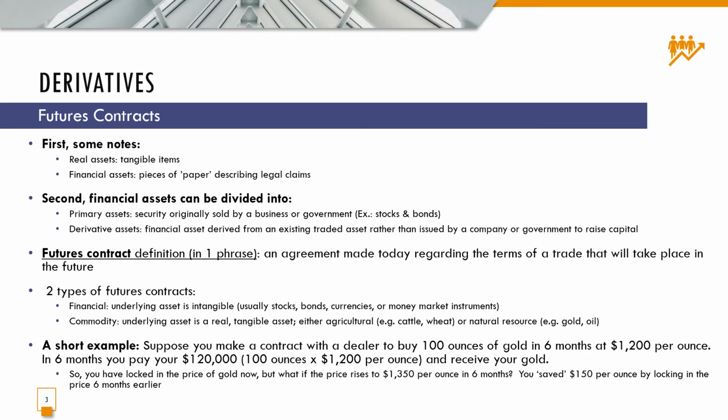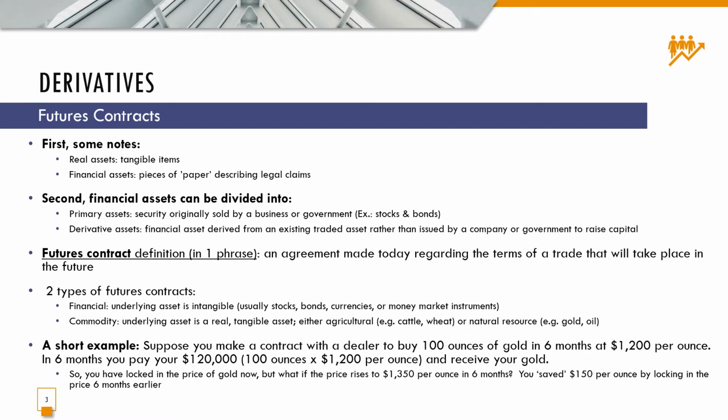Primary assets are securities originally sold by a business or government, for example stocks and bonds. Derivative assets are financial assets derived from an existing traded asset, rather than being issued by a company or government to raise capital, which is what stocks and bonds do.